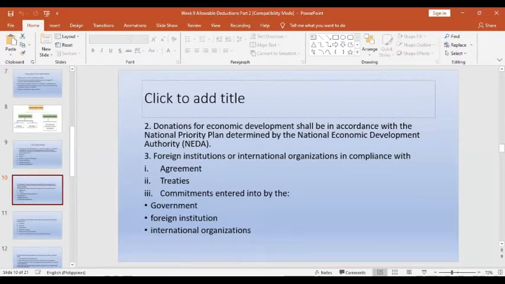If the taxpayer has a treaty with UNICEF, and UNICEF is accredited by the government for the commitment, then it should be fully deductible for whatever amount of the donation or contribution of the taxpayer.